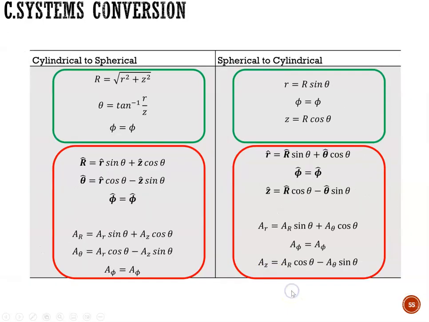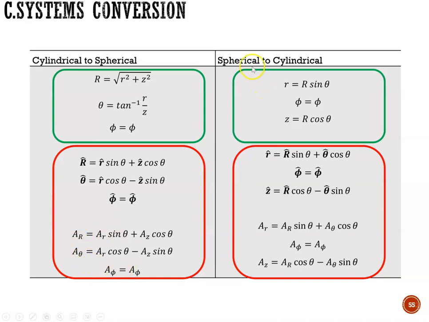And finally, when you want to change from cylindrical to spherical, you are trying to get R, theta, and phi. The one in the green boxes is when you are trying to change the coordinates, and the one in the red boxes is when you try to change its vector, which is A_R, A_theta, and A_phi.